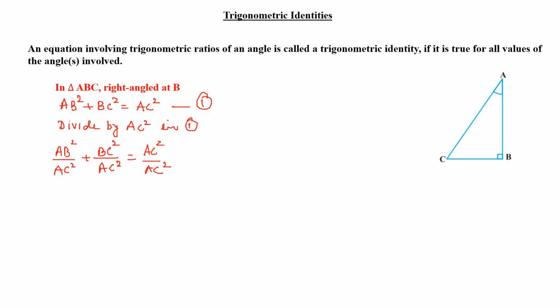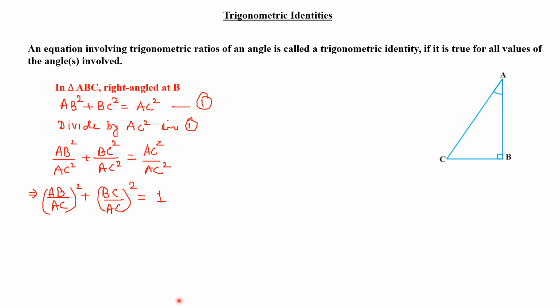Now AB square by AC square, I can rewrite as AB by AC whole square, isn't it? And BC square by AC square, I can write as BC by AC whole square, and AC square by AC square will become 1.